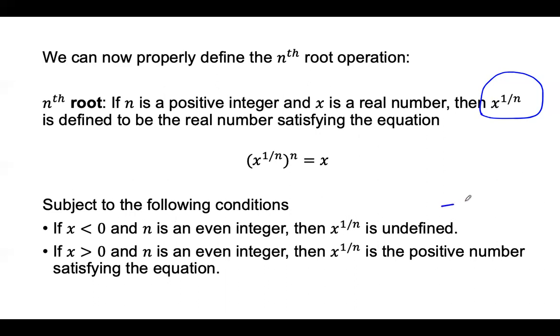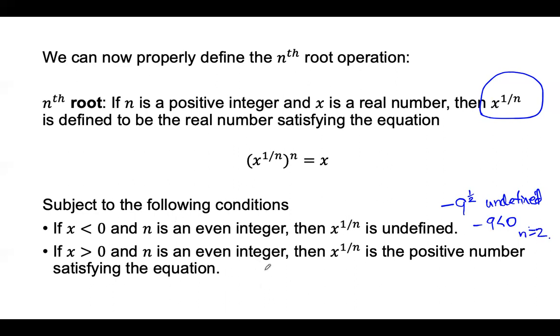And this was the example of -9 to a half was undefined. Because of course, -9 is less than 0. And here, of course, n is equal to 2.